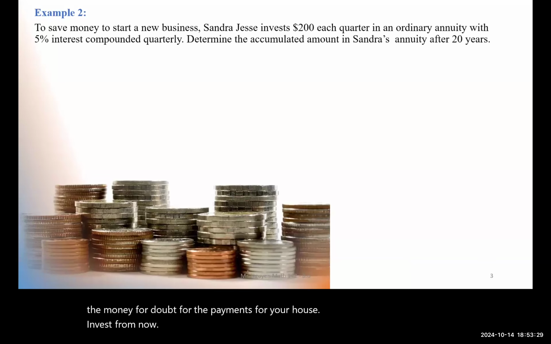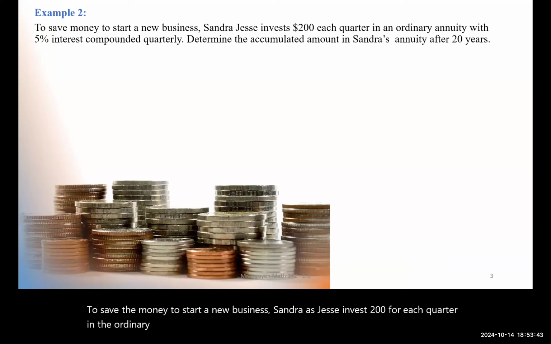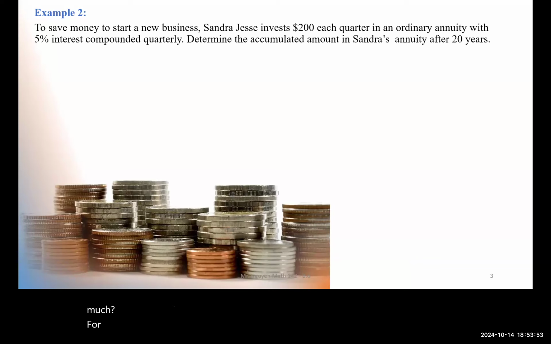So another example, to save the money to start a new business. Sandra Jesse invests 200 for each quarter in an ordinary annuity with 5% interest compounded quarterly. So after 20 years, how much does she have in the annuity?